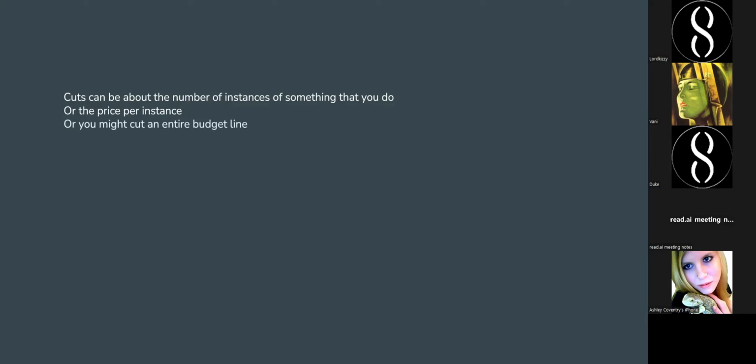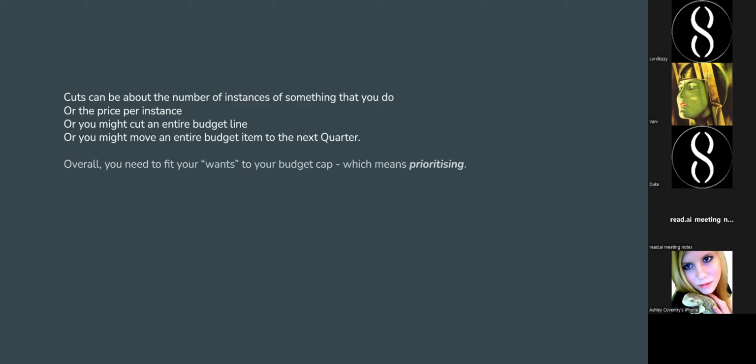Or you might decide to cut an entire budget line completely. You might say, look, realistically, we don't need that. Or you might move an entire budget item into the next quarter. This is probably only going to apply to your one-off costs because obviously the recurring costs are the same. They're there every quarter.